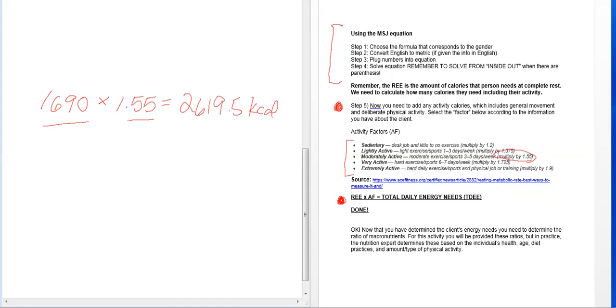So I'm going to round up, since that's 0.5, and give her 2,620 calories per day for all her activities. That should be sufficient for her to maintain her body mass or body weight. If we need to change body weight, then we would have to manipulate those numbers, but we're not going to deal with that today.